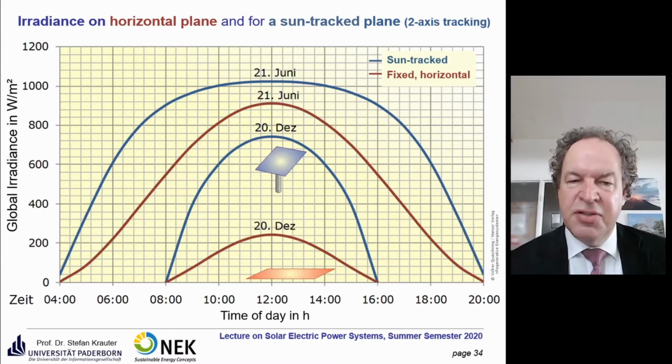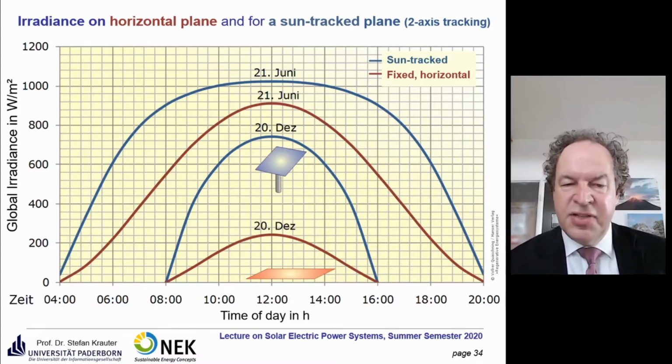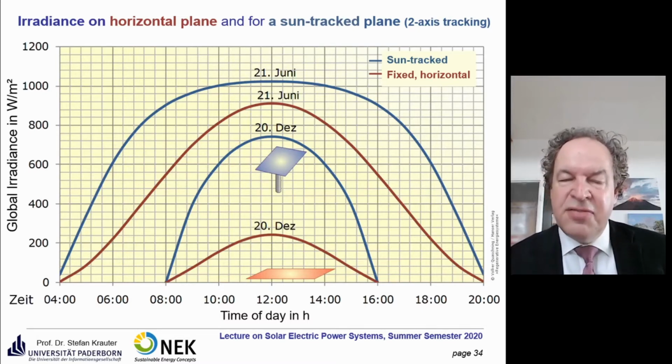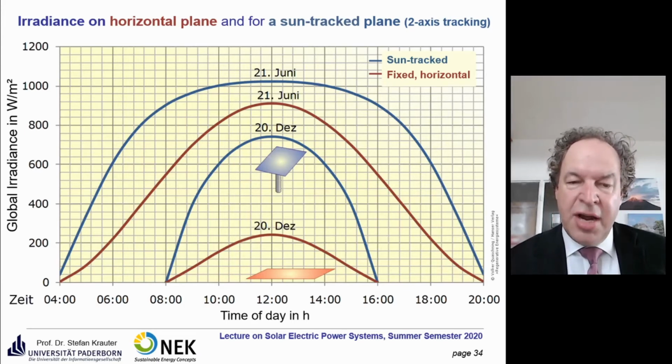If you take the 20th of December and have a horizontal surface, because the sun is only 14 degrees above the horizon, the incidence angle is very flat and we have a lot of reflection, but also a very little projection area on the surface.